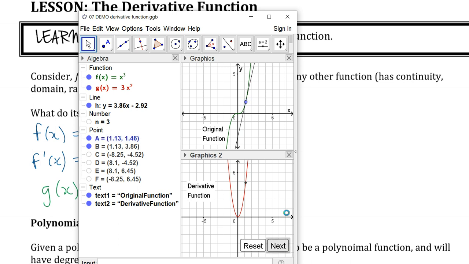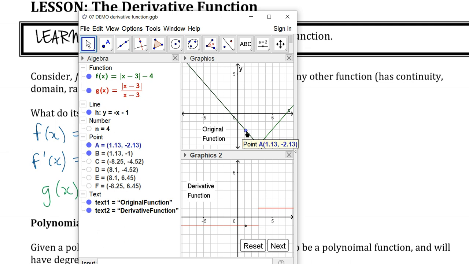This one always takes a long time to load, I don't know why, but it's the absolute value. So what's happening here? There's no turning point, it's just a sharp vertex. So the slope is either decreasing or increasing.